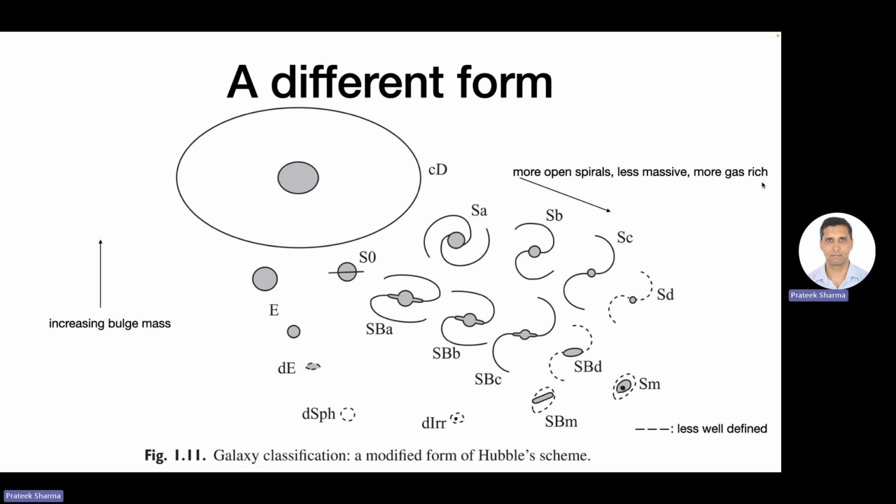Gas is what's required to form stars, right? If a galaxy is forming stars now, it must have gas from where these stars came out. So this is another way of looking at it. Sometimes this S0 at the centers of galaxies is also called a CD galaxy, central dominant galaxy.